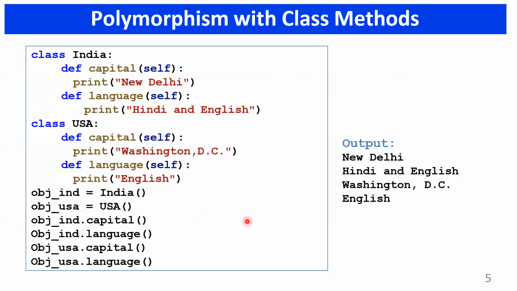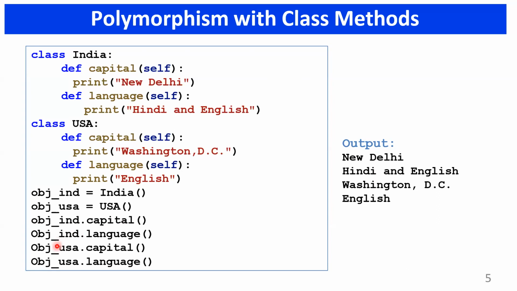In the first case, it is going to invoke the method that is defined in India class, because obj_int is an object of India class. So it is going to invoke the capital method, which is defined in the India class.